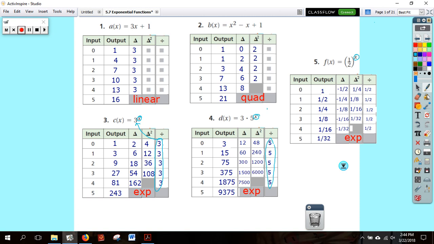This number here matches this base. This number here matches this base. So really, we could kind of label this as our B column for base, right? So any exponential function is going to have a variable for its exponent, and then the base is what you multiply by. It's what your rate of change is for that, or your ratio, sorry.